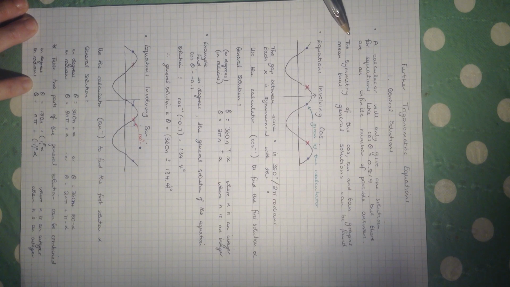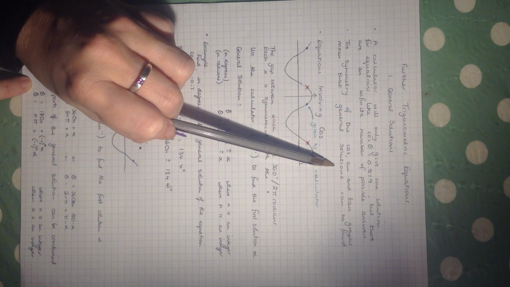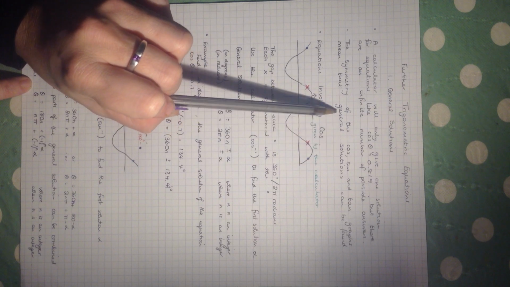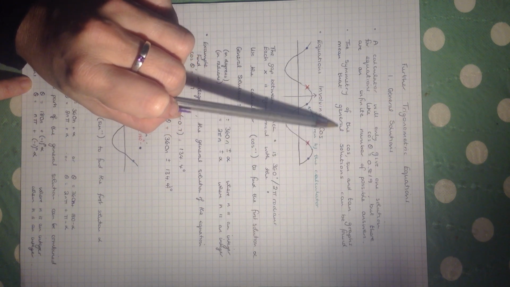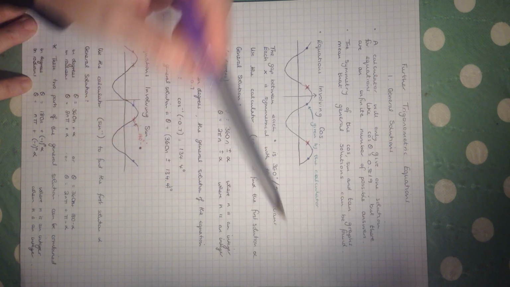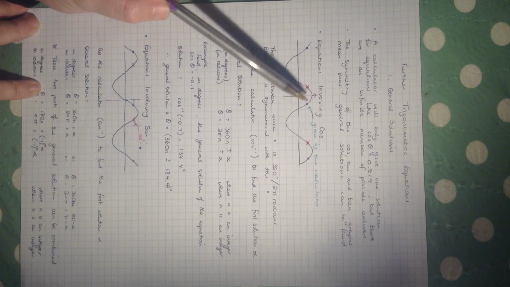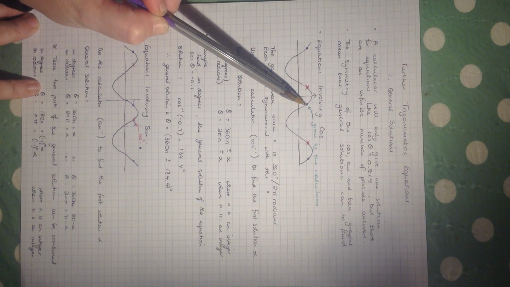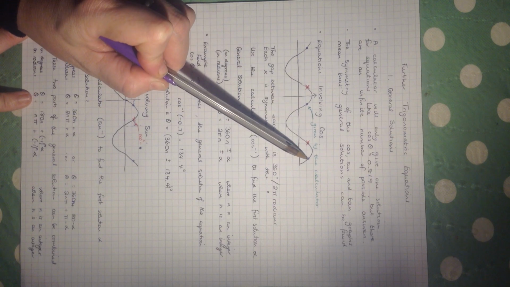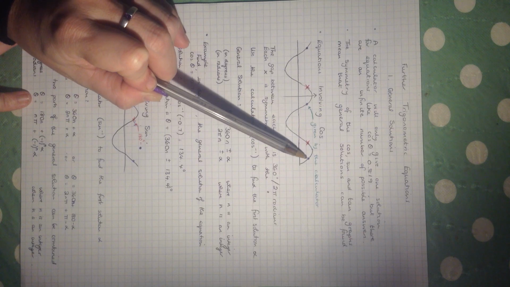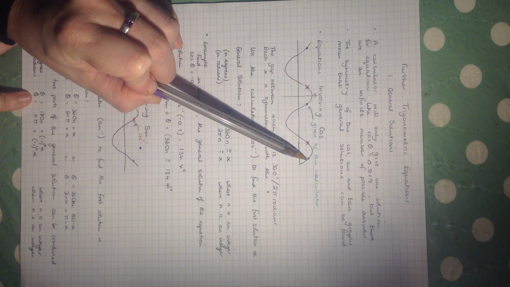We can use the symmetry of the graphs to find what are called general solutions. So we can find a function that we can substitute in that will give us all possible solutions if we want them. So for equations involving cos, if you look at the cos graph, if this is a solution, then in the same place on each curve is also a solution, and they differ by 360 degrees.